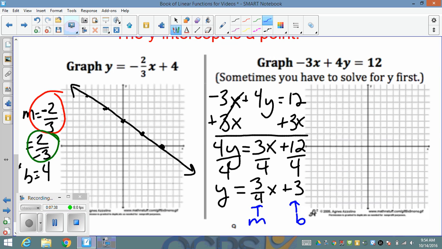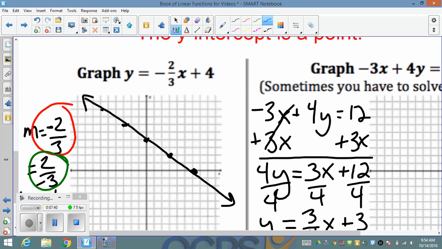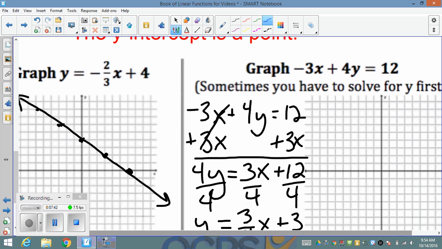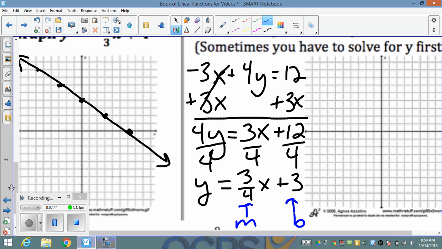And now I'm just going to do exactly what I did for the others. I'm going to plot my y-intercept, which is 3. And I'm going to count out my slope. So I'm going to go up 3, 1, 2, 3, and to the right 4. I could also go down 3 and to the left 4.